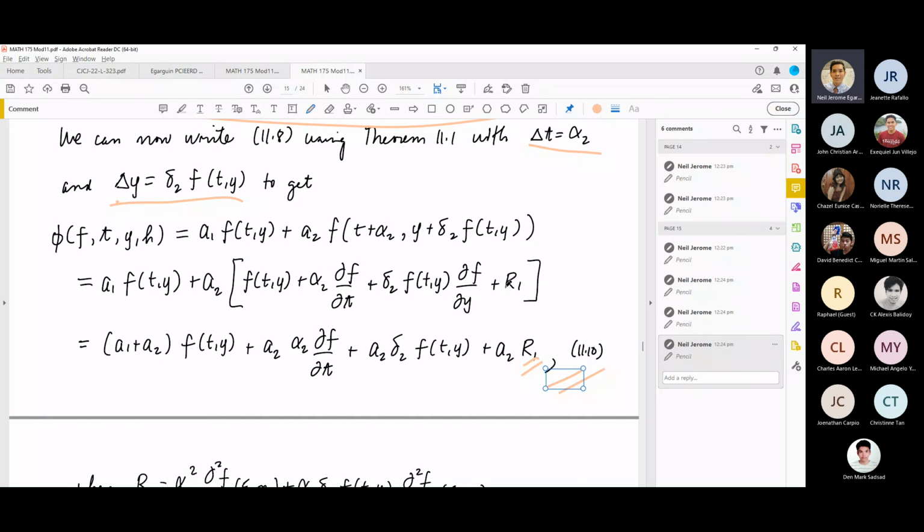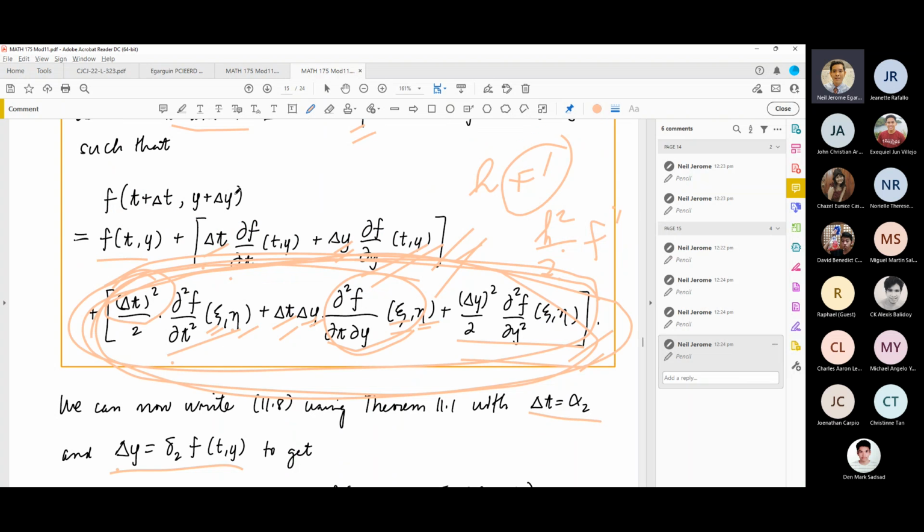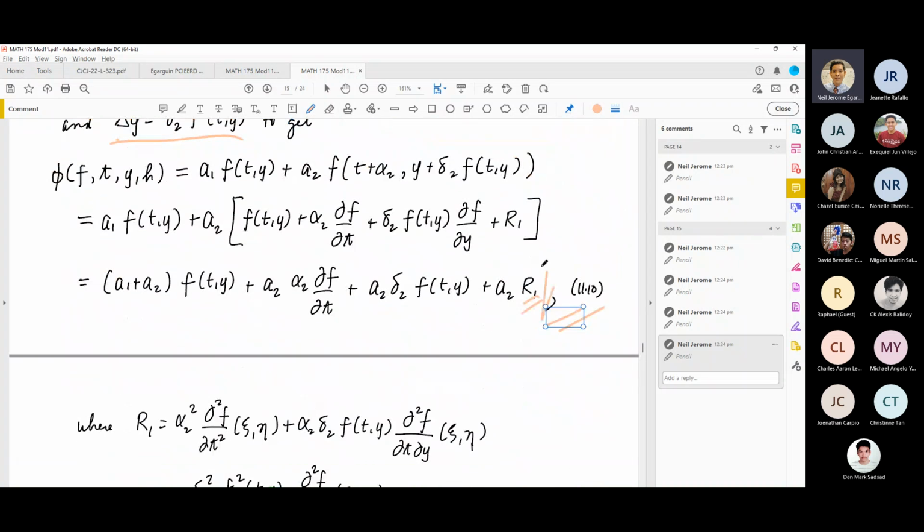Kasi kung babalikan nyo dito sa theorem 11.1, ito yung second order term, alright, na hindi natin alam yung exactong function value because all we know is that merong number c at saka number eta such that itong expansion na to ay eksaktong magbibigay sa atin ng f of t plus delta t, comma y plus delta y. But nalilito ako ngayon sa delta at saka sa lambda. But anyway, yeah. So this is the error term, okay?